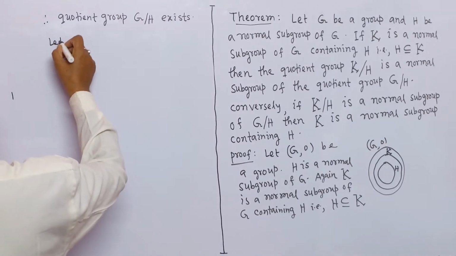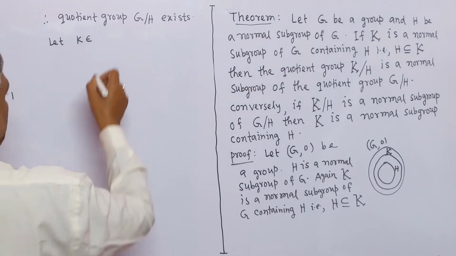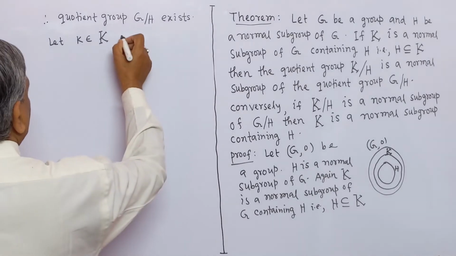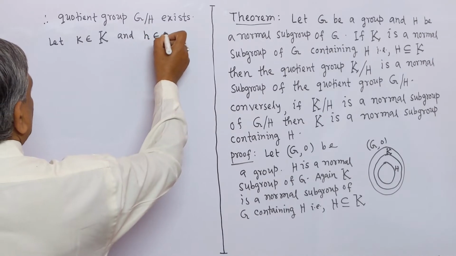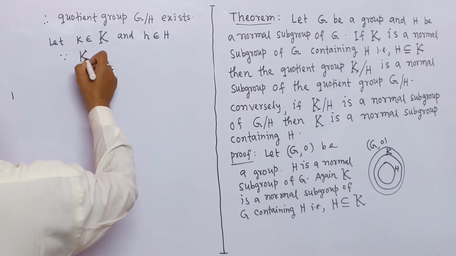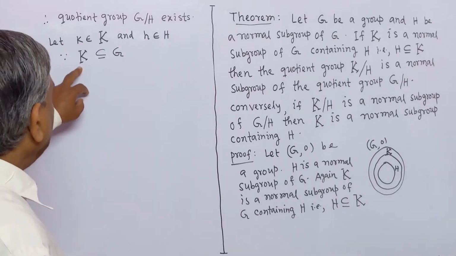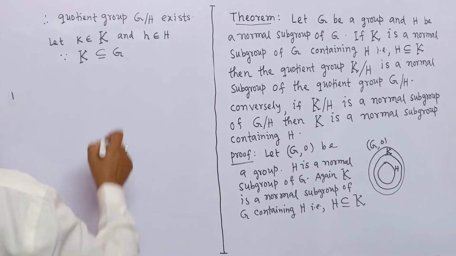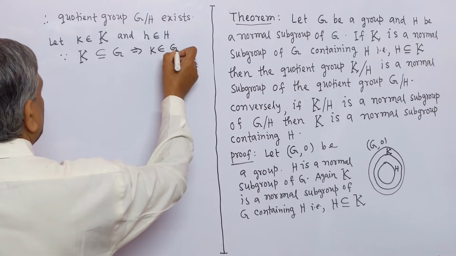Let small k belongs to capital K and small h belongs to H. Since K is a normal subgroup of G, therefore K is a subset of G, implies that small k belongs to G.